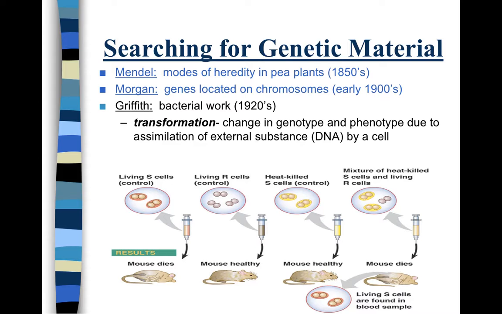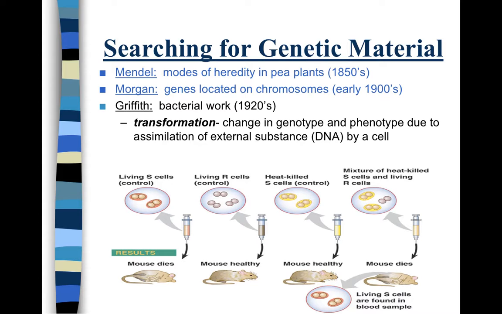So we had Mendel, who discovered modes of heredity in pea plants in the 1850s. We had Morgan, who found that genes were located on chromosomes in the early 1900s, and then we had Griffith, who did some bacterial work in the 1920s.